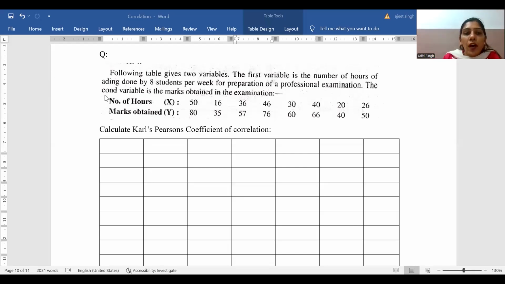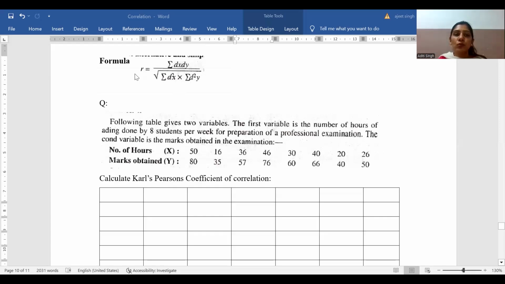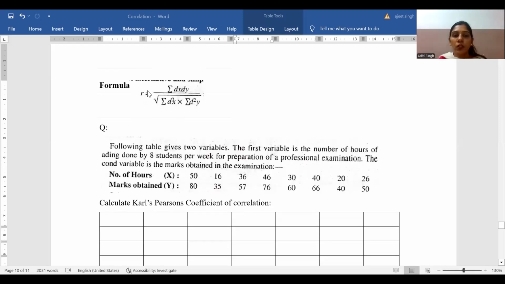So number of hours is variable X and marks obtained is variable Y. With the help of this given information of both the variables, we have to calculate Karl Pearson coefficient of correlation. For solving this question, we will use this formula of coefficient of correlation.